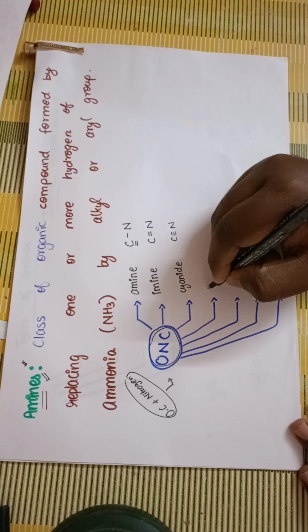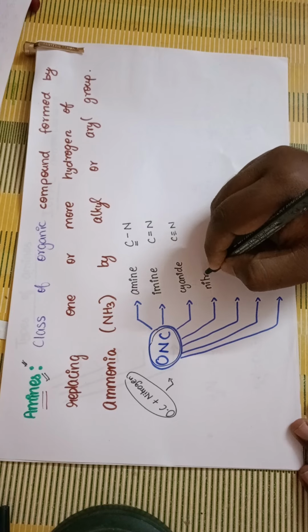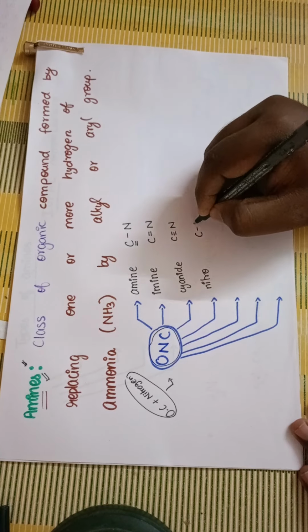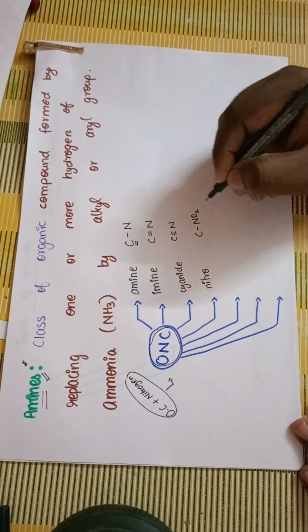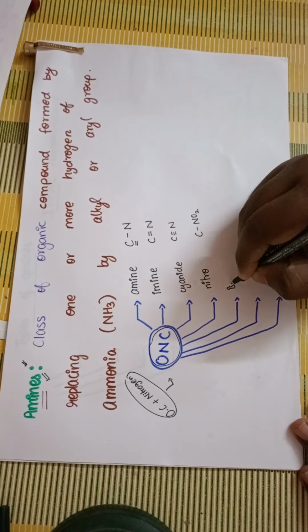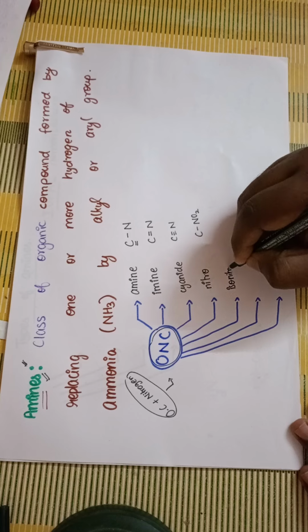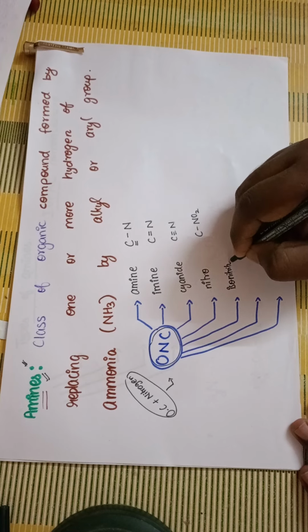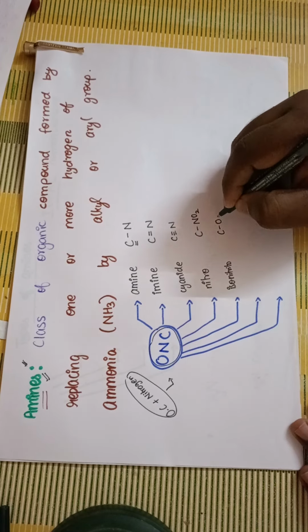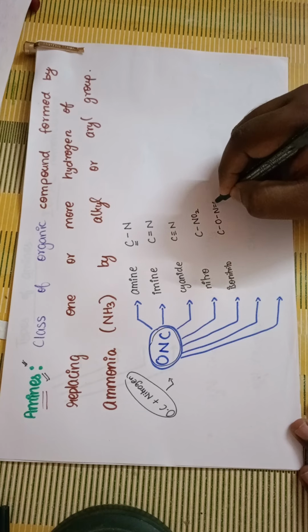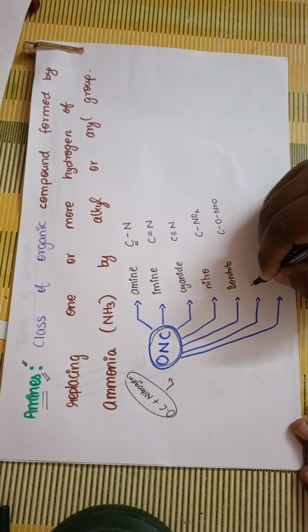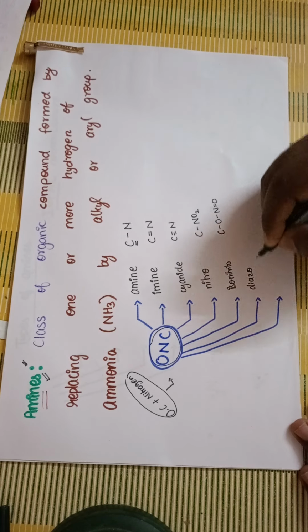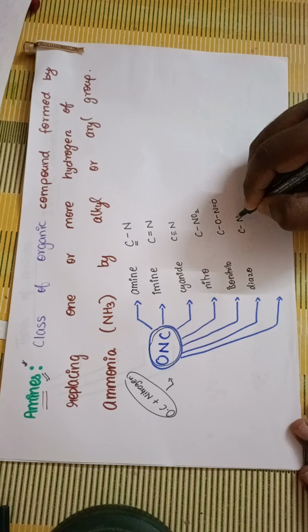Then we have nitro. Nitro means carbon bonded with an NO2 group. Then isonitrito: carbon bonded with oxygen, and that oxygen is bonded with nitrogen. Then we have the diazo group: carbon bonded with nitrogen, and the nitrogen is bonded with another nitrogen.